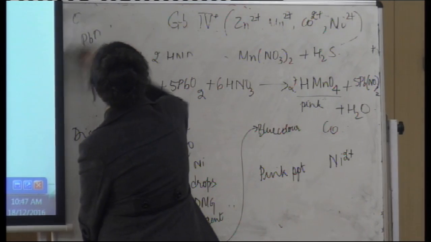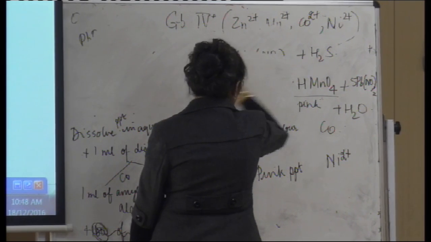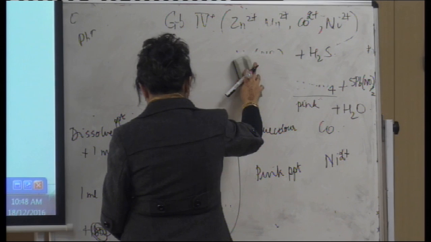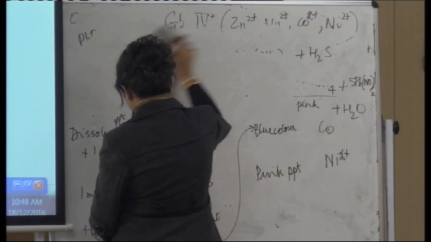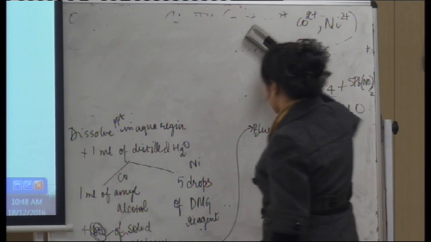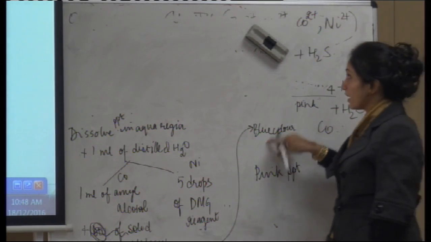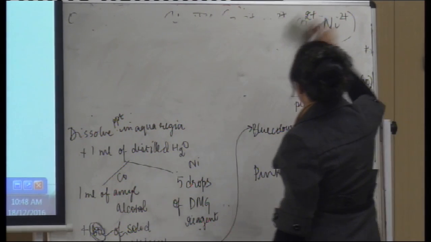For cobalt, you know that cobalt sulfur cyanide will be a blue color in the alcohol layer. Remember that. It is not a precipitate, but a blue color which will be in the alcohol layer of the solution.